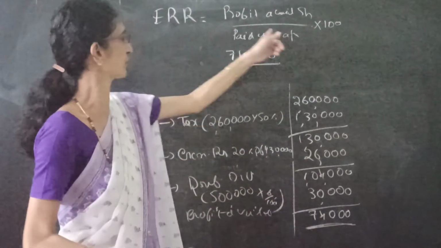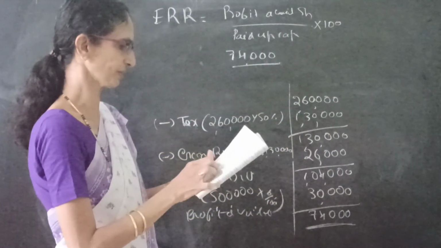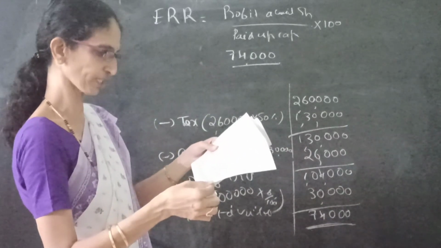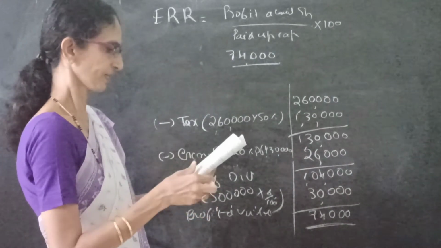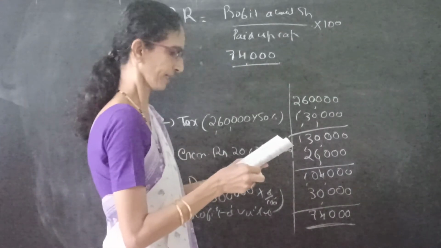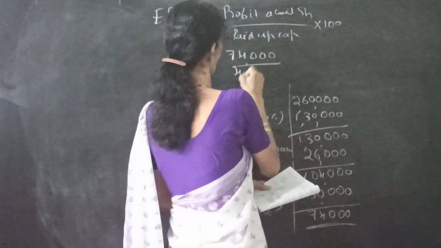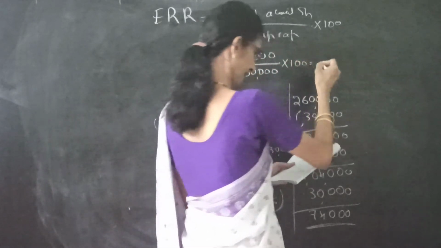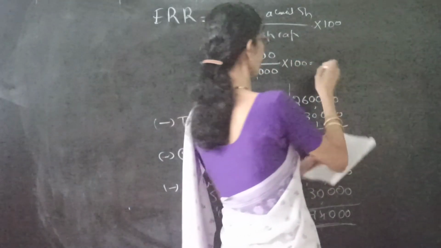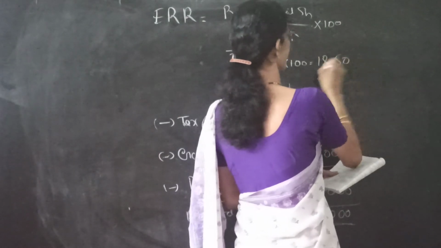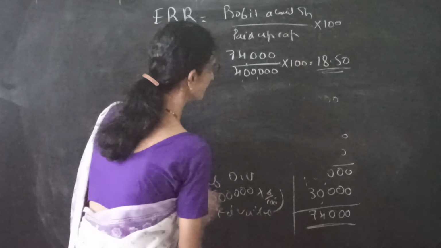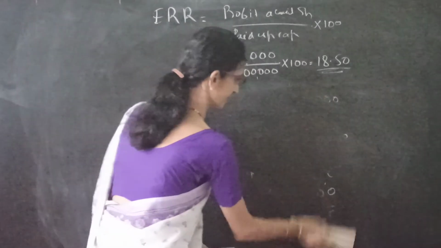Paid up capital is given. Share capital is given, 40,000 equity shares of rupees 10 each, 4 lakh, into 100. That means ERR is equal to 18.50. So we get ERR equal to 18 rupees 50 paisa.